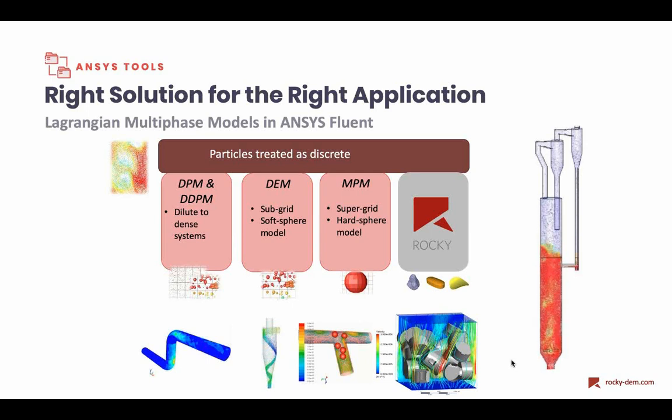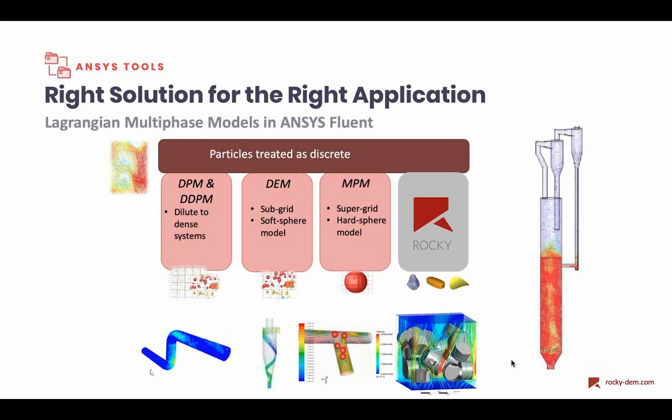You have the Eulerian approach, which treats the dispersed phase, the solid phase, for example, as a continuum media, or you can have a different class of models which treat particles as discrete particles, so Lagrangian models, for example. Fluent has DPM or DDPM for dilute to dense systems. You even have Fluent DEM models to approach particle solid flows.